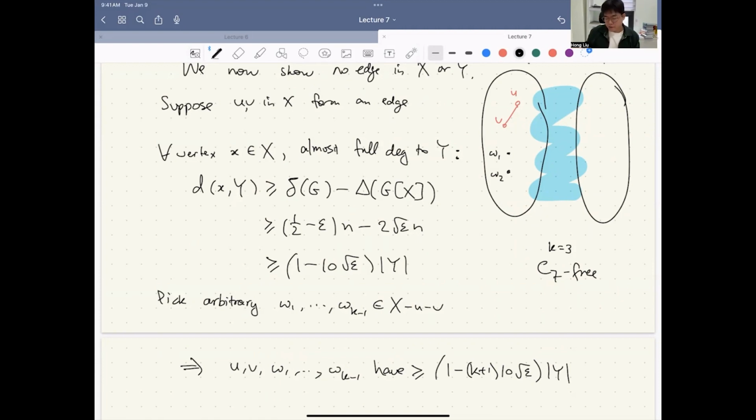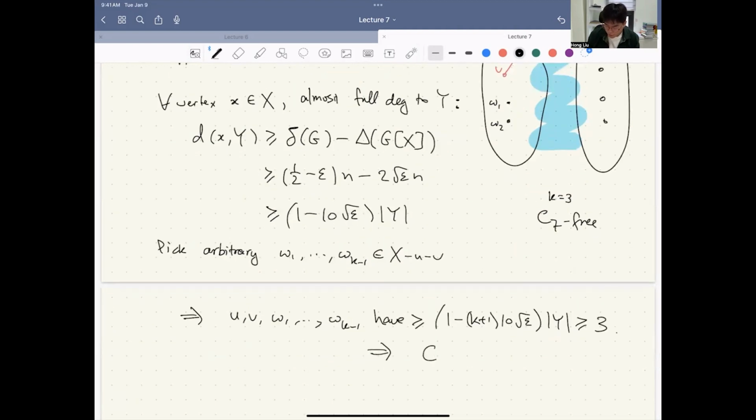So we can find the C7. They have lots of common neighbors, at least 3, right? So you can pick 3 vertices, and it's easy to check that they contain a C7. C_2k plus 1 in G, that's a contradiction already.